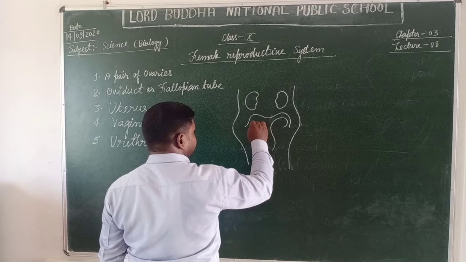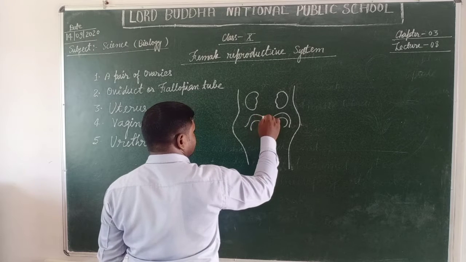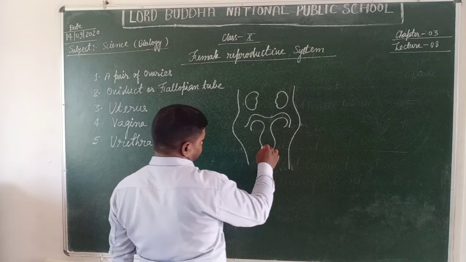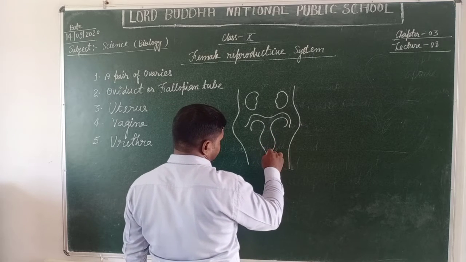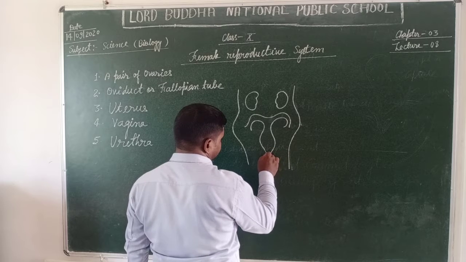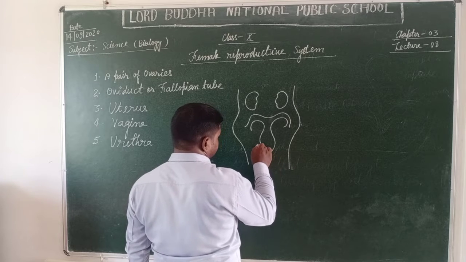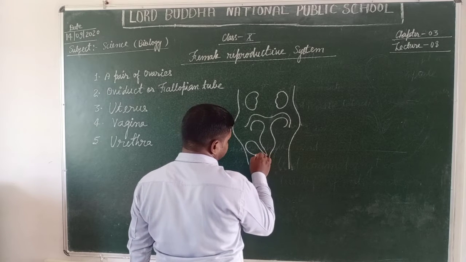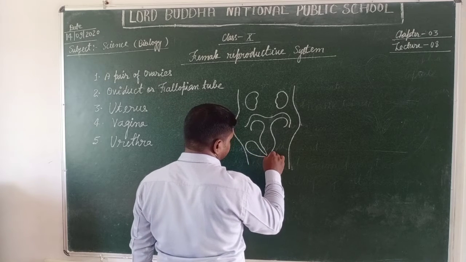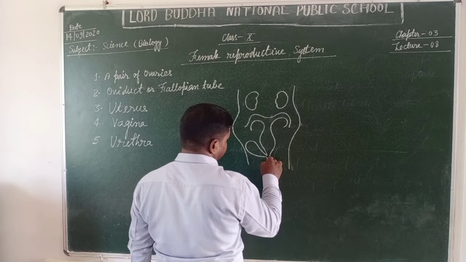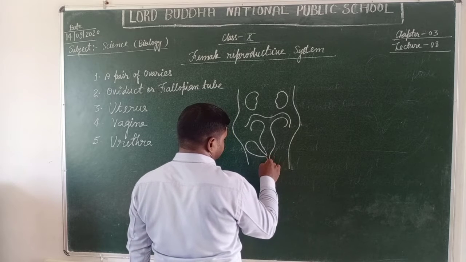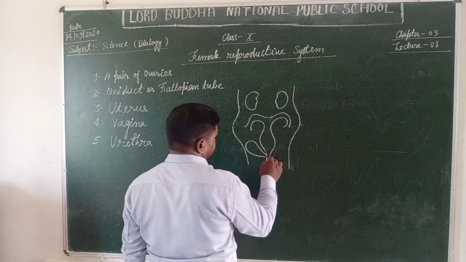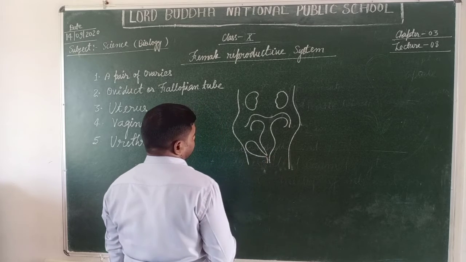This is the oviduct or fallopian tube. This is the urinary bladder. And the urethra.